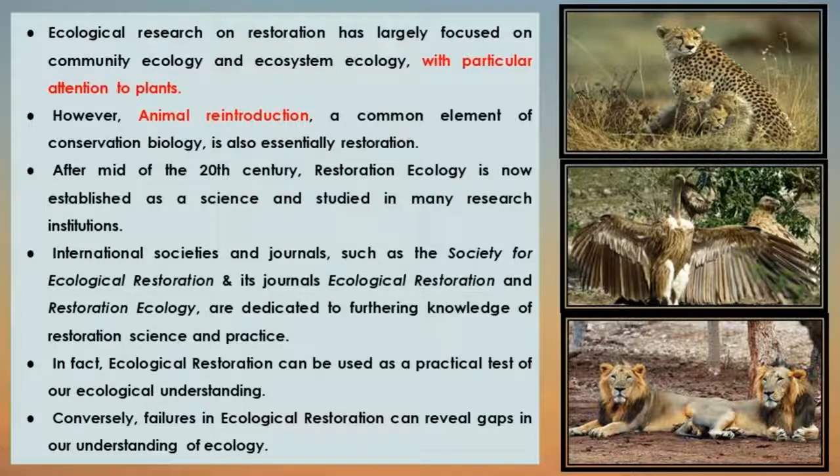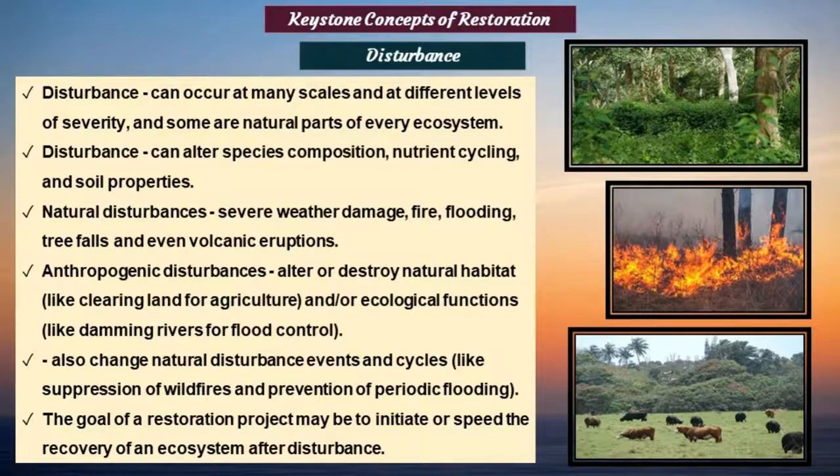In fact, ecological restoration can be used as a practical test of our ecological understanding. Now the keystone concepts of restoration. The first is disturbance. It can occur through fire, mining or grazing.